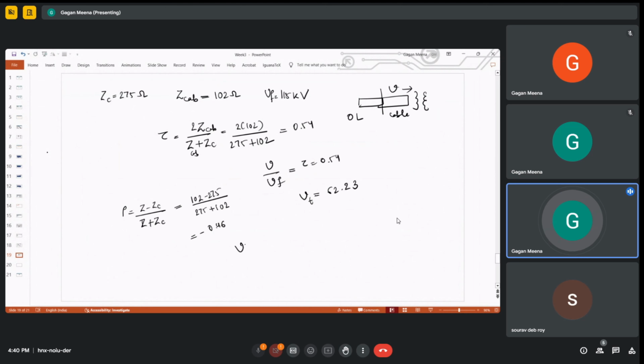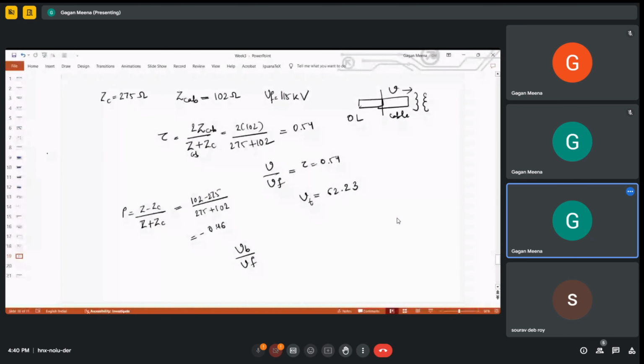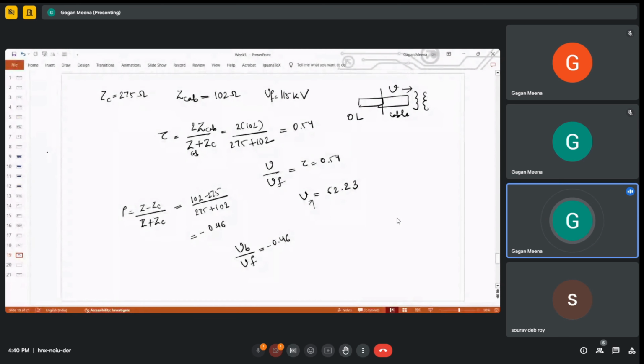So this is V backward divided by V forward, which is minus 0.46. So V backward is minus 0.46 multiplied by 115, which is minus 52.77.